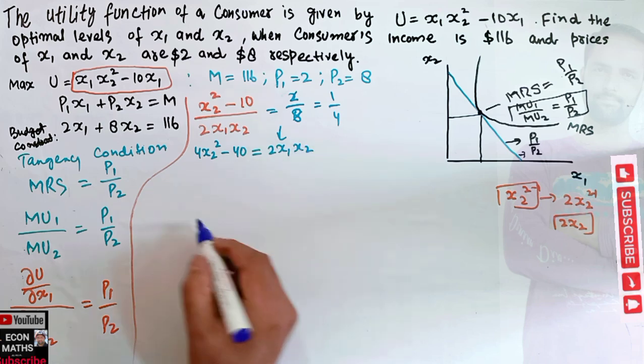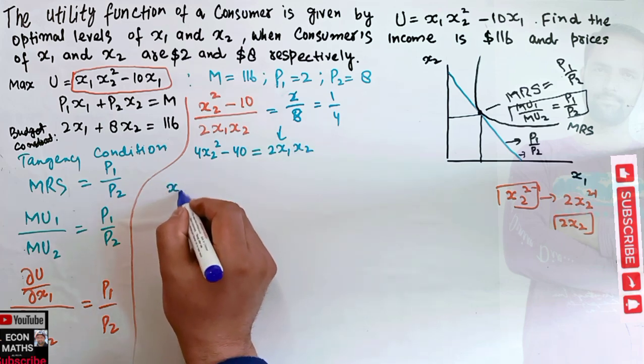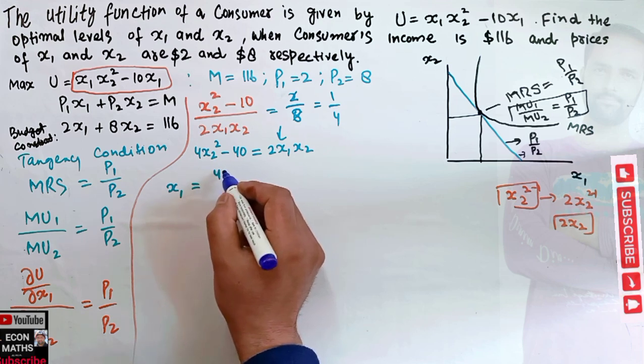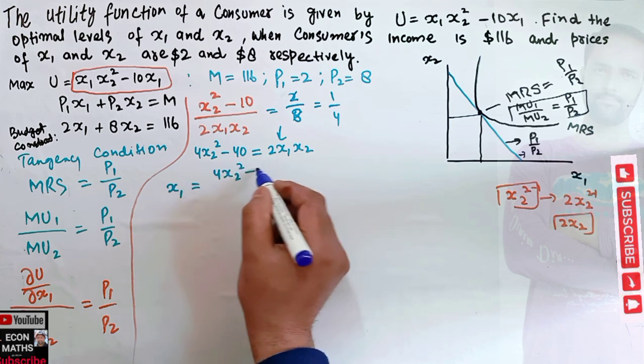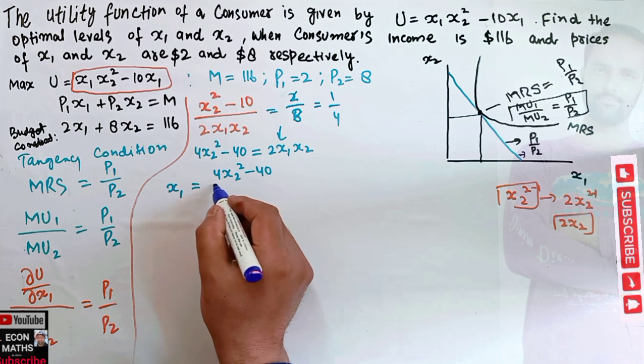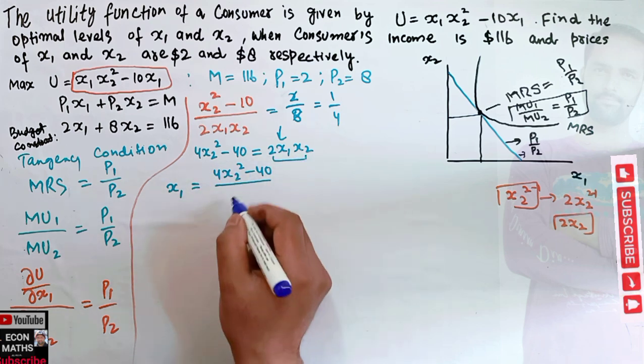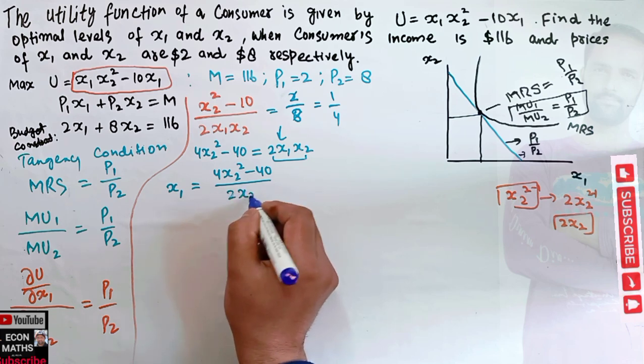Now solving for x1, that means we have 4 x2 square minus 40, divided by 2x2.